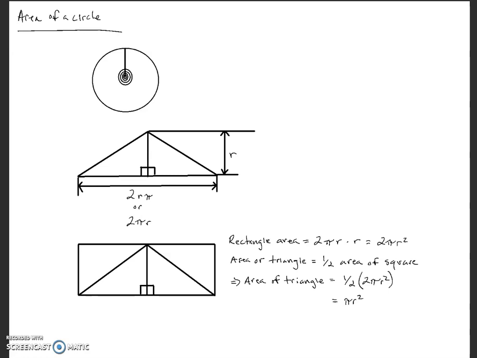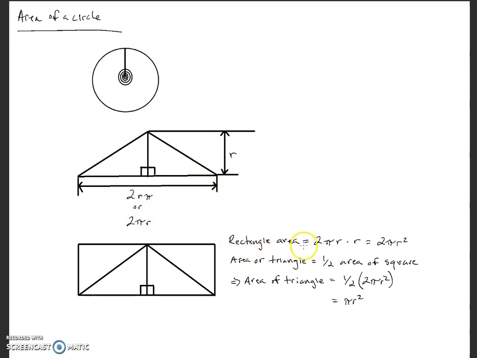Now if we take a circle and slice it in half, we would have a bunch of little rings that we can make around the circle. Those little rings would add up, each a little more than the last, until the base of this triangle would be the circumference. So that would be 2 times radius times pi, or 2 pi r. And you have the radius. Now if we multiply this, we would have 2 pi r times r.